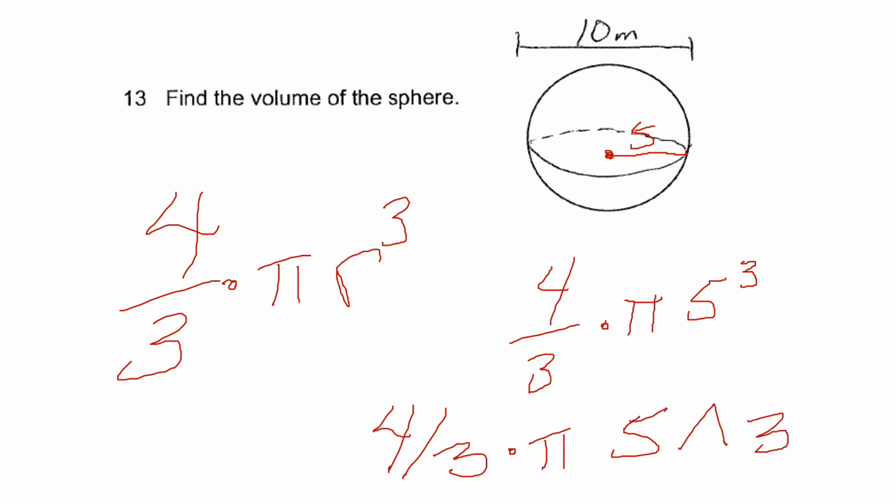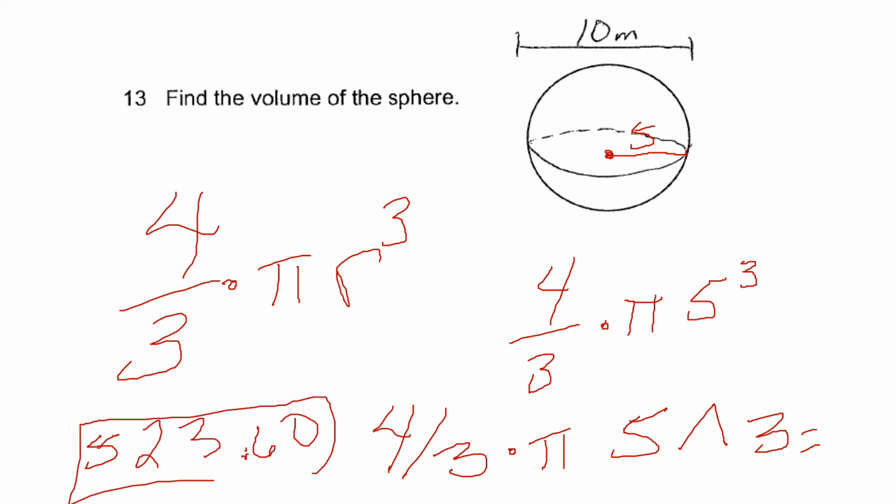Type in 5, hit the mountain, hit the 3, and hit equal. Let's see what that does. 523.60. Round it off to 2 decimal places.